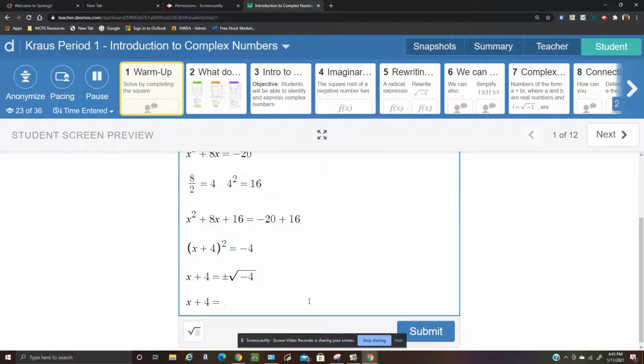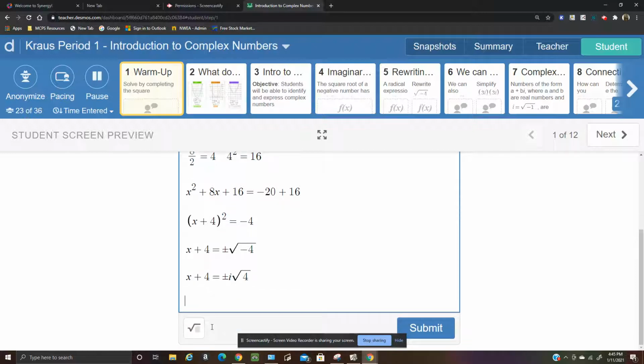So pull an i out, and then you get plus or minus i square root of 4. And on the next step, I'm going to subtract 4 and do the square root of 4 over here. So subtract 4 from both sides and then do the square root of 4.